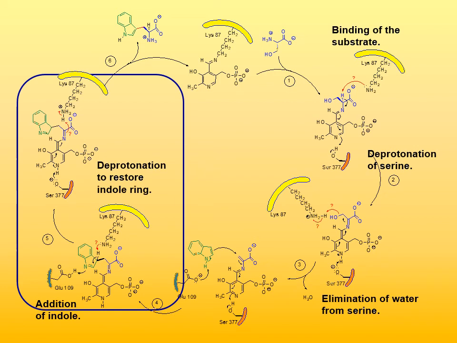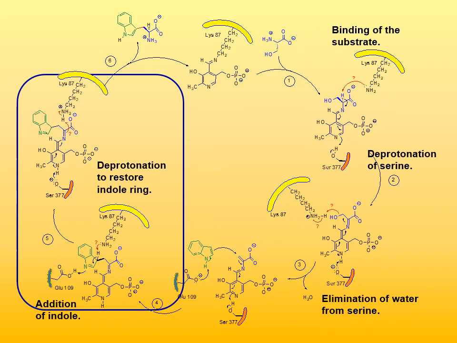In the following step, deprotonation occurs to restore the indole ring. The deprotonation is to basically restore the aromatic ring. Deprotonation is assisted by serine 377, which basically takes back its proton.